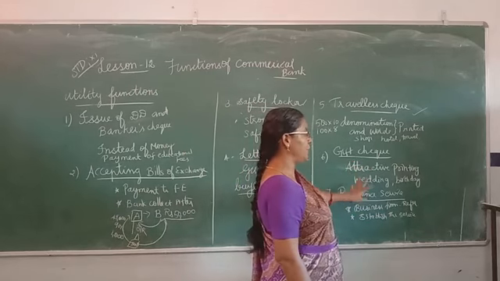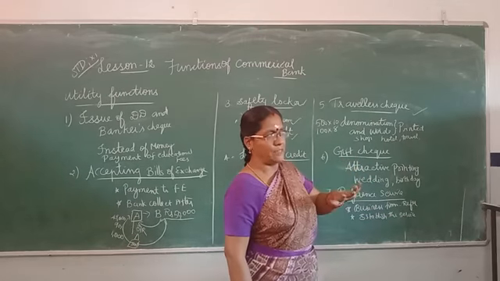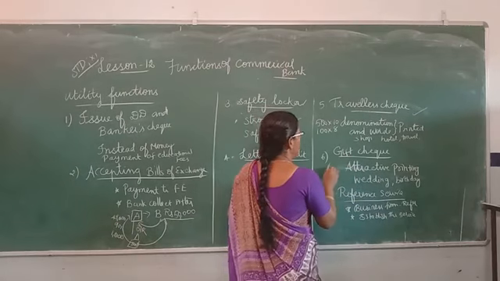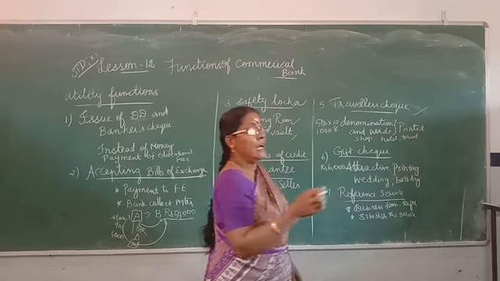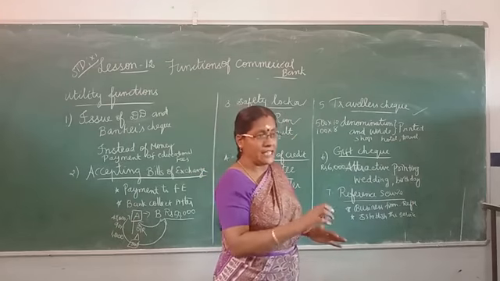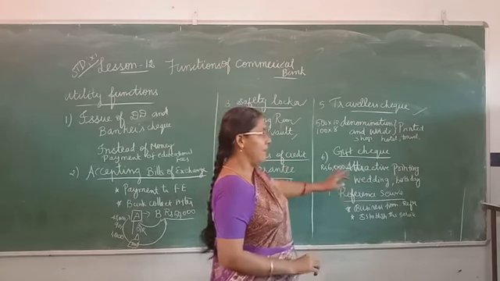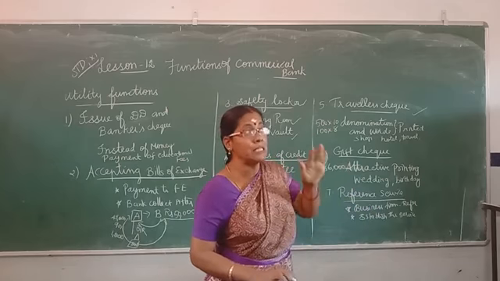Then the next one is gift check. Here also all the denominations, the amount, will be printed, whatever the amount, 6,000 or 10,000. In an ordinary check, we have to write the amount on our own, whereas in the gift check, the amount is already printed.